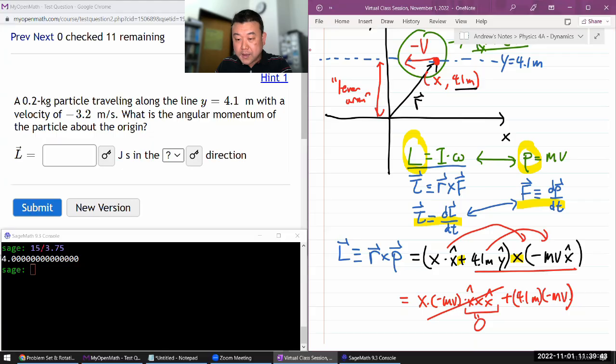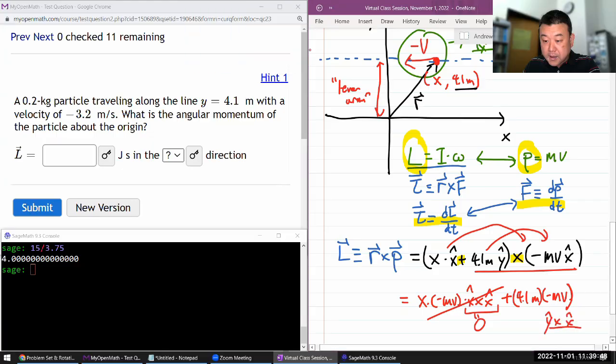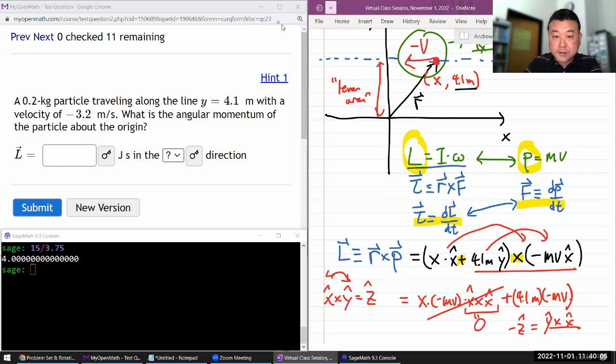And what we have is y hat cross x hat. If you remember that x hat cross y hat is equal to z hat, and when you swap the order of cross product, you flip the sign, then this is minus z hat. Two minus signs cancel out. And we have 4.1 times mv in the z hat direction.